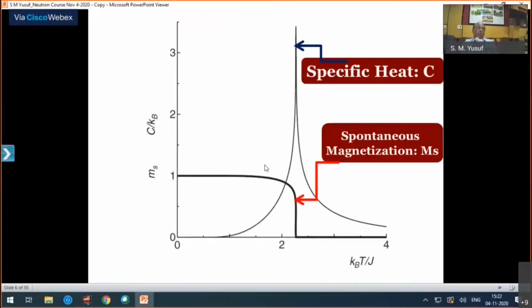Spontaneous magnetization is another physical quantity. For example, if you measure spontaneous magnetization and come from higher temperature, you see this. I am plotting kBT by J, the same J, you know. So higher kBT by J means higher temperature. That means above this temperature, the spontaneous magnetization is zero.